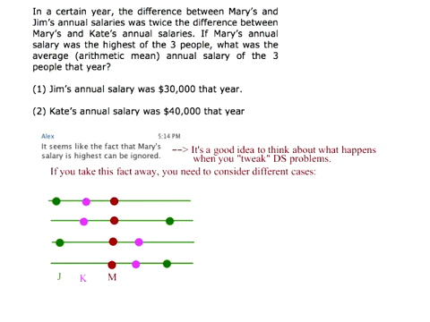But if this is 30,000 and that's 40,000, then Mary's salary could absolutely be either of these two. If this is 40K, then Mary's salary is going to be 50K. But if this is 40K, then Mary's salary is actually going to be 36,666.66666. So yeah, if you take that fact away, then you get E.